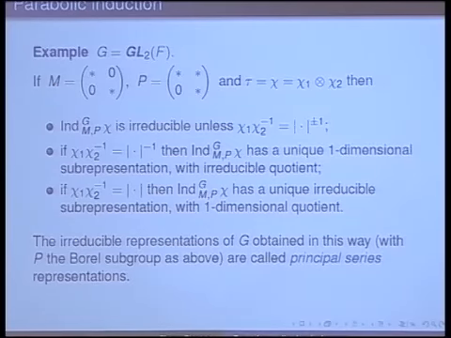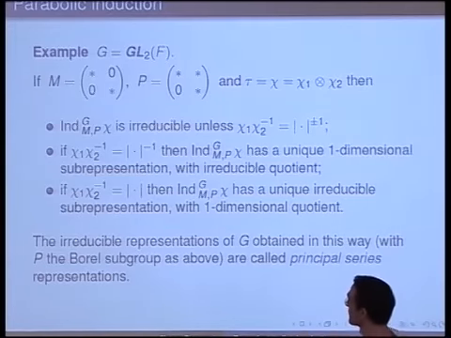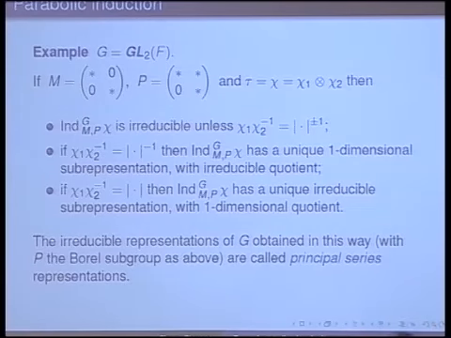So either you get a one-dimensional subrepresentation and then an irreducible quotient, or you get a one-dimensional quotient with an irreducible subrepresentation which isn't one-dimensional. But in each case there's a unique irreducible subrepresentation and a unique irreducible quotient. One of them is a character and the other one is a generalized Steinberg representation. So it would always have length 2.